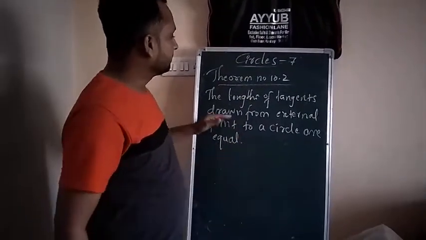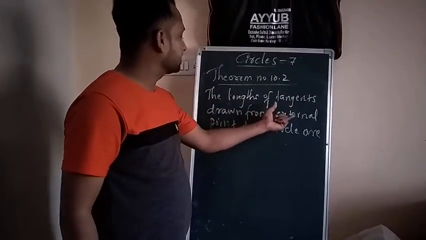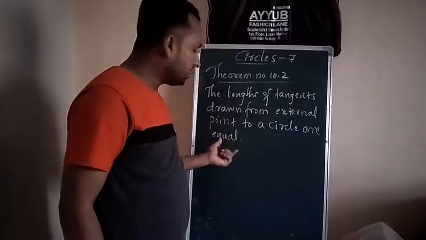See what it says, theorem number 10.2 here: the lengths of the tangents drawn from the external point to a circle are equal.